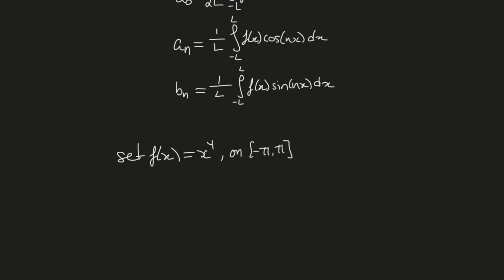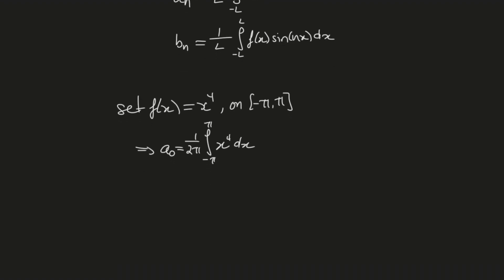So we have that a naught is 1 by 2L, but L in our case is pi, so 1 by 2 pi times the integral from negative pi to pi of x to the 4th power dx.